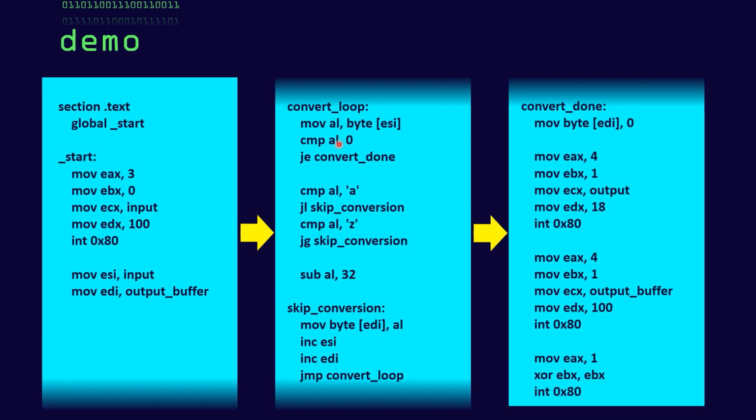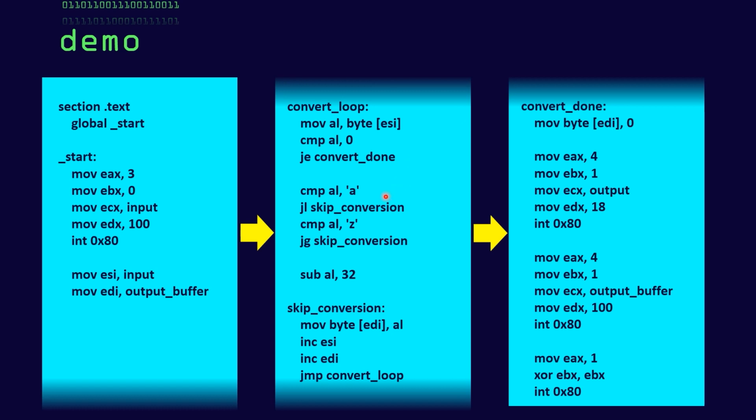And then we are going to see if that's equals 0, and this means jump if equals. If L is equals 0, then we're going to run the convert done, which is this guy here, but we're not going to touch this right now. So these 3 lines are basically just checking if the current character that we're looking at is null.